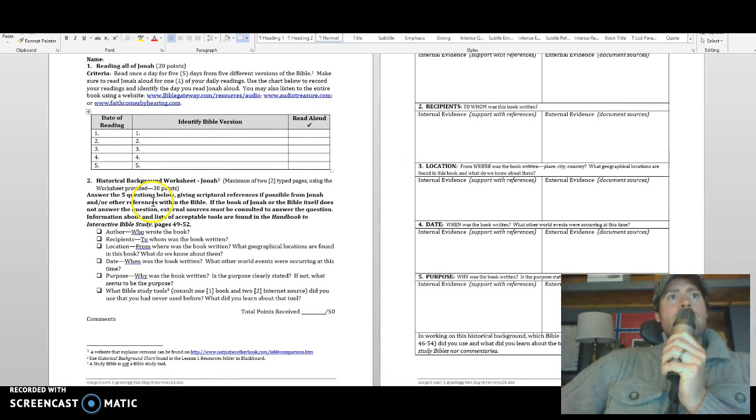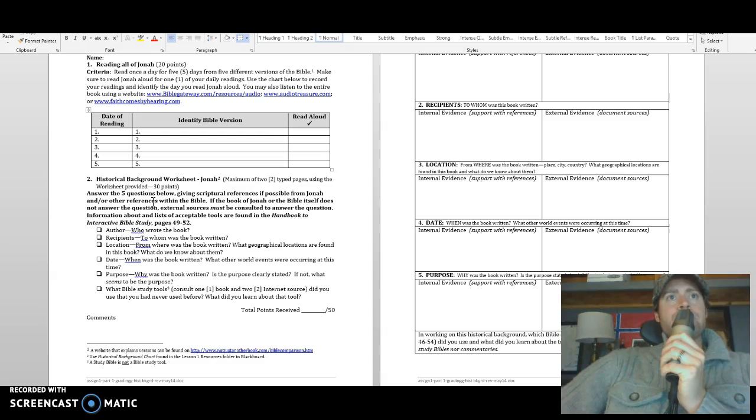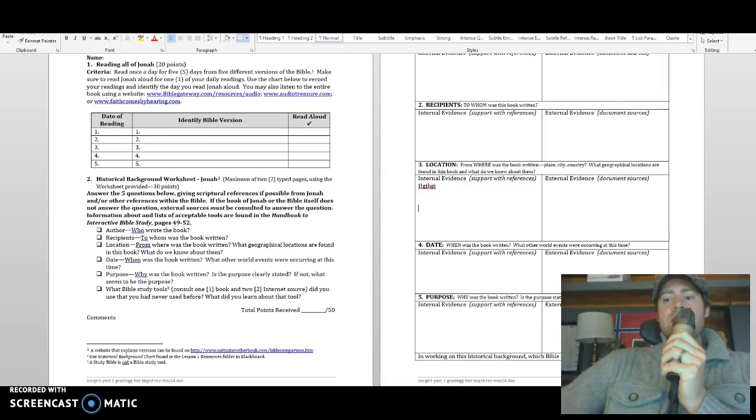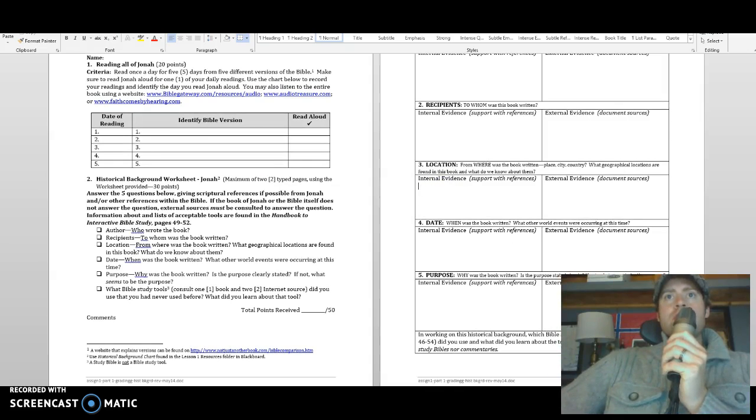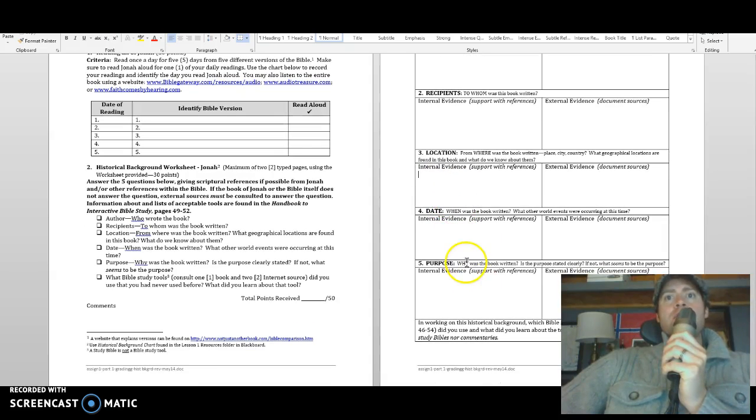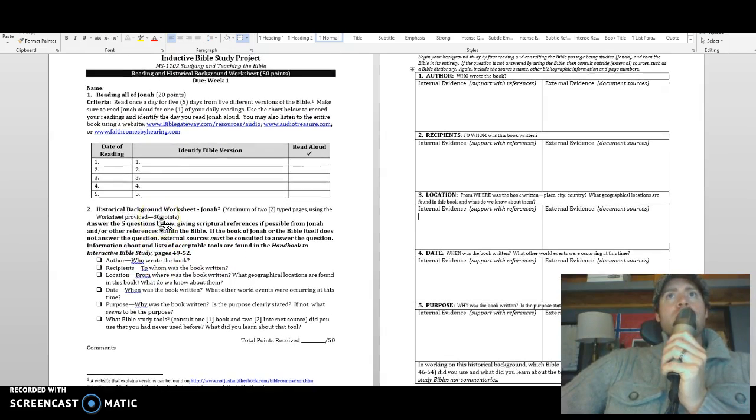Now, the second part is the historical background worksheet. While it looks short, you can write in here, and you can see it keeps getting bigger if you look over here. So it may spread into a second page, but essentially you're going to answer the 5 questions below.